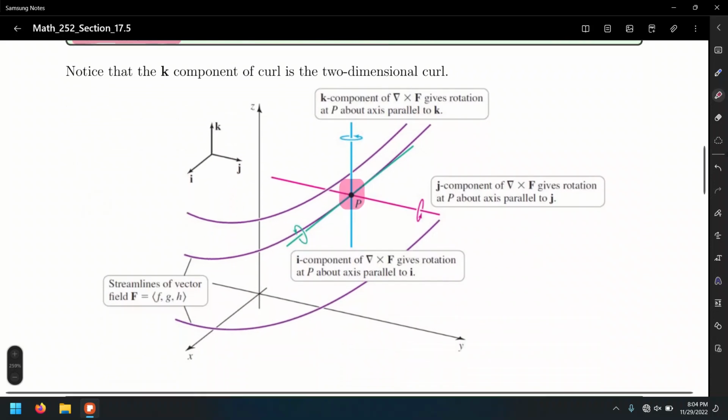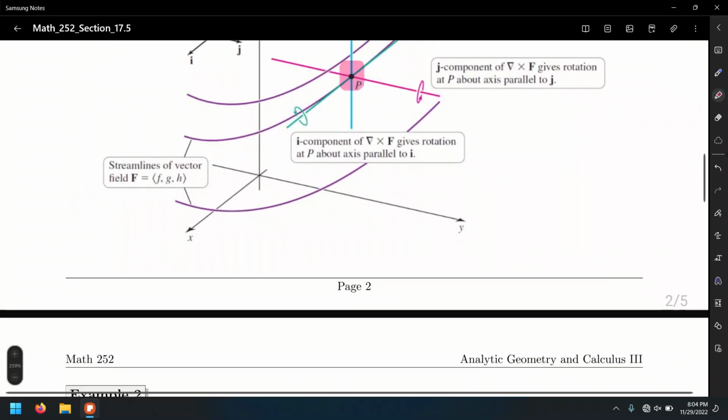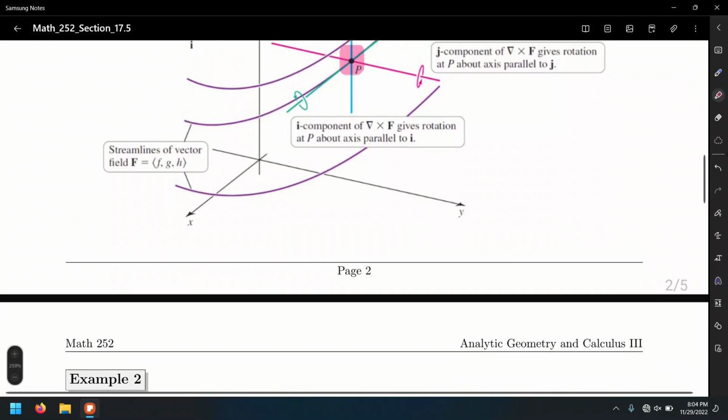So that's why we are representing this as a three component vector, because we're looking at what's going on along all these streamlines right here. So we have rotations about all these different axes here.